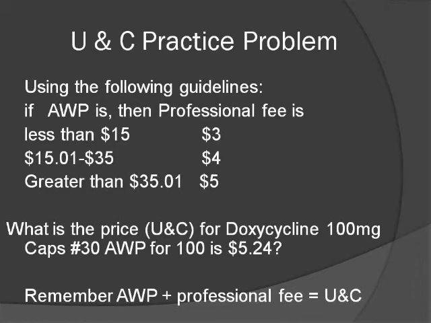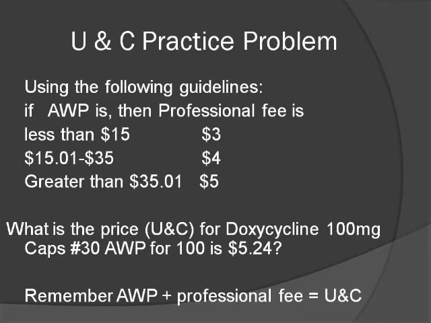It's usually either 30 days or 90 days. You'll calculate the AWP, fit it into the chart to find where it falls, and then take the corresponding professional fee and add it to the AWP. Let's take a look at an example.